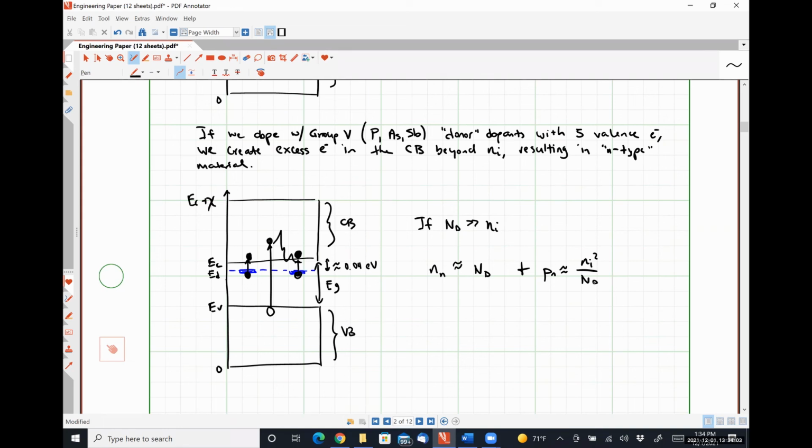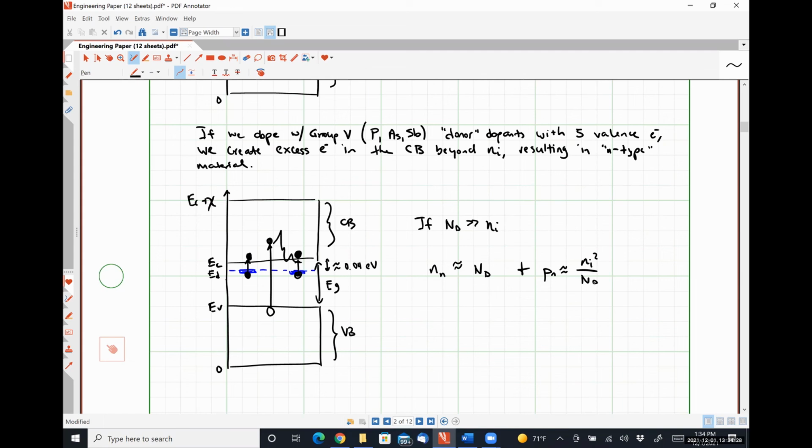Now, the question becomes, are these dopant atoms interstitially added, or are they replacing a lattice site for a silicon atom? Because there is a difference, but we can't ever know which is actually happening. It's always going to be some combination thereof.